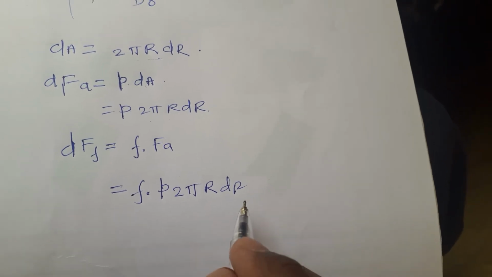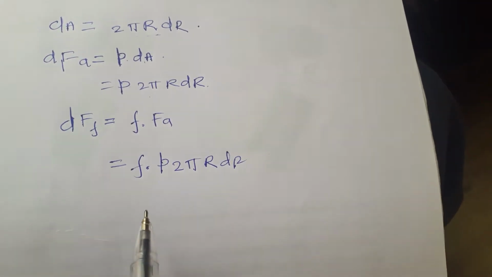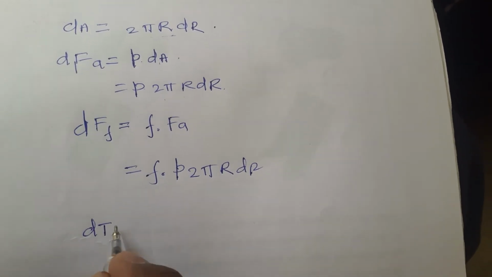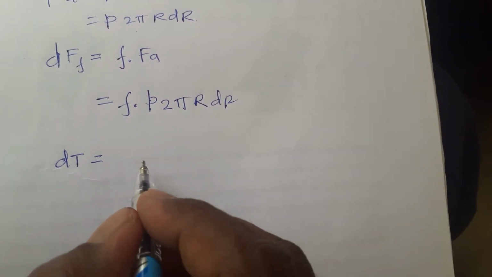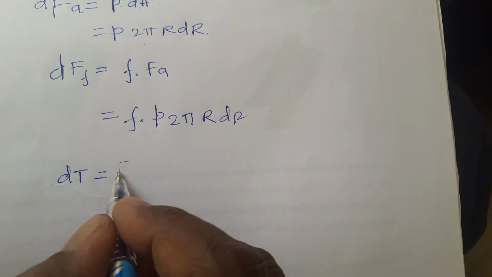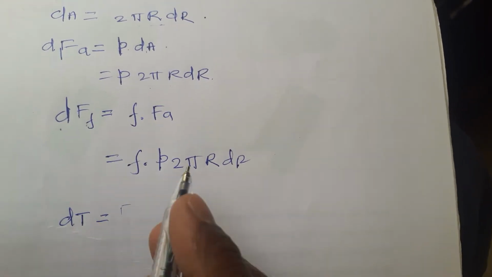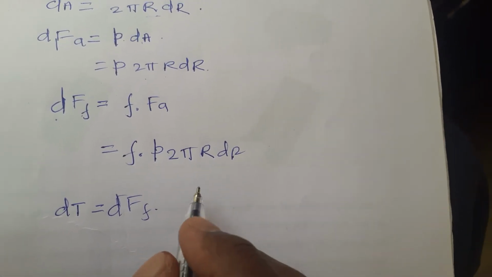Now we should come to the frictional torque. These are the basic things we should know. Frictional torque, that is dT. We know that torque is force into radius. What is our force? The frictional force dFf into radius.